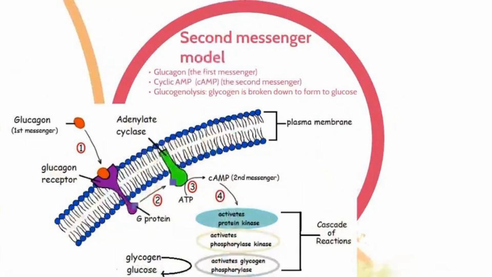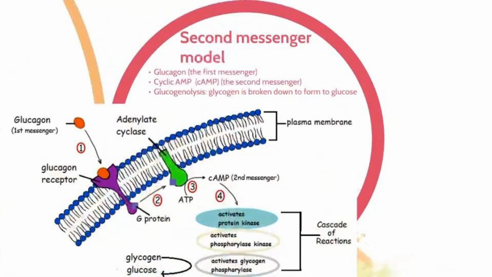This is the final one, the one that does the conversion of the glycogen to the glucose, and remember this is the glycogen phosphorylase enzyme, so that is the one that actually helps to allow the process of glycogenolysis. So I know that is a hell of a lot, but don't worry, it will become clearer over time.